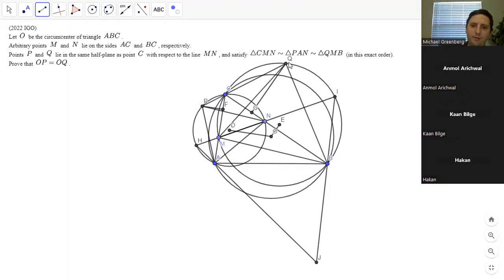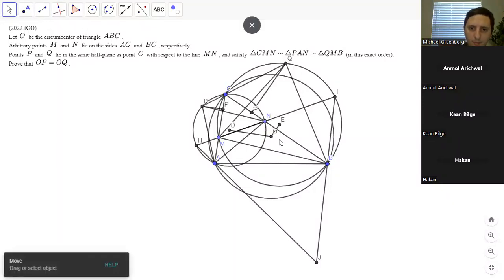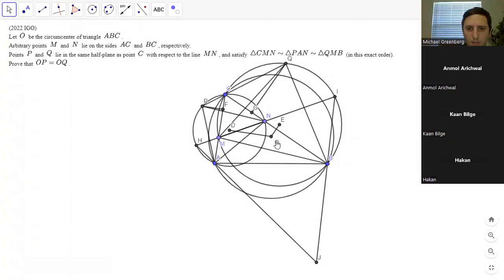So yeah, if you guys can figure out anything about OD and OE, I think there's a good chance that might help me solve the problem. Let's see. PCAH is an isosceles trapezoid. Interesting.